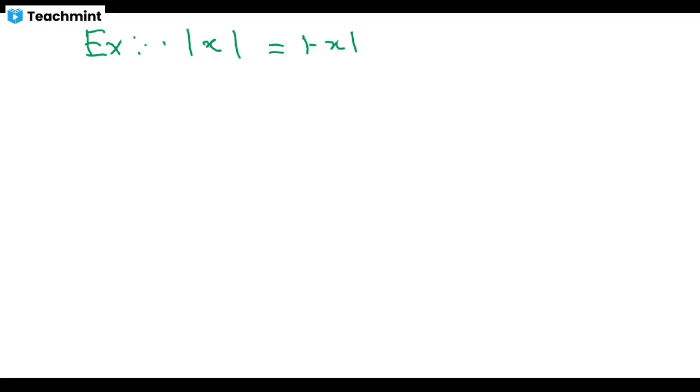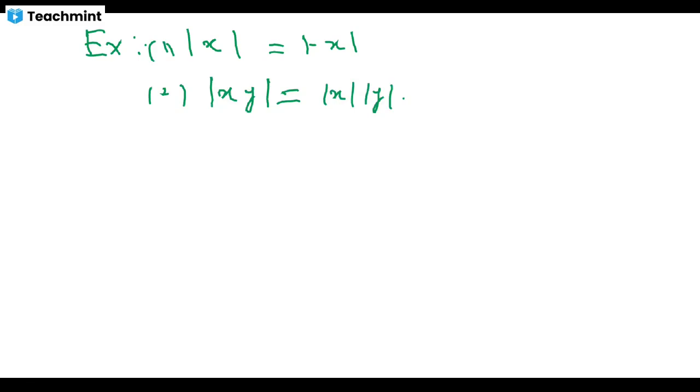Other properties you should verify: when you have a product of two real numbers and you want the modulus, it comes out to be modulus of x times modulus of y. This is the relation of multiplication with the modulus function.